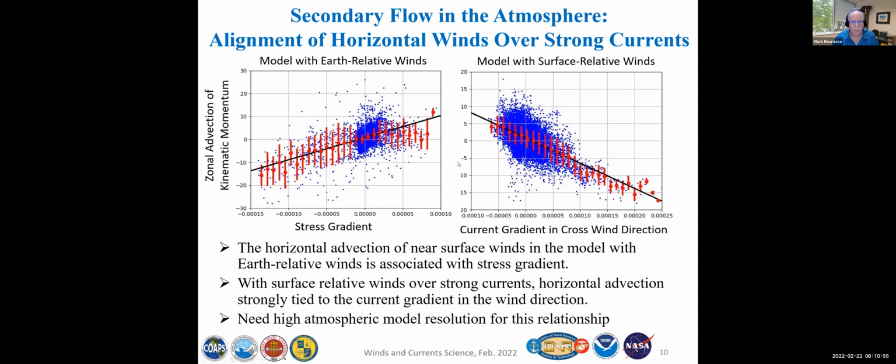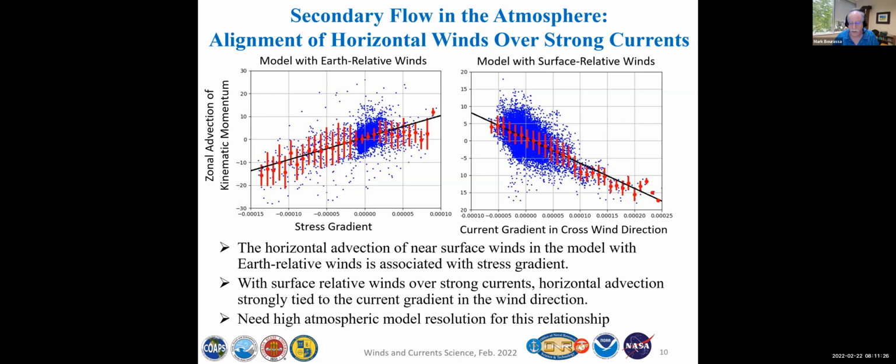But in the atmosphere, one of the questions we have is how do the winds align on the surface with respect to the current? And in the uncoupled model, of course, they don't, because it's not feeling the current. It aligns mostly with a stress gradient in terms of advection of momentum. But in the coupled model, it does align very strongly in the cross current direction, like we'd expect.